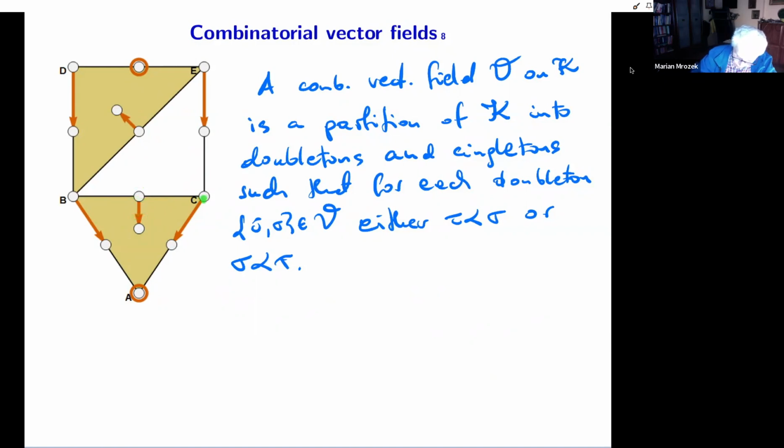This vertex with this edge makes a doubleton. But there are some which are only singletons, some which are not paired. So this one, for instance, or this one. And the crucial thing is that I want a partition. So each simplex either is a singleton or belongs to precisely one doubleton.